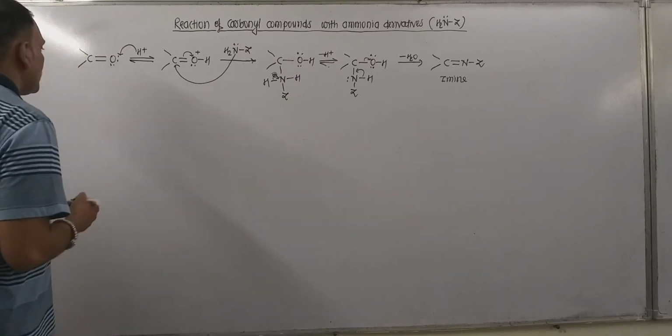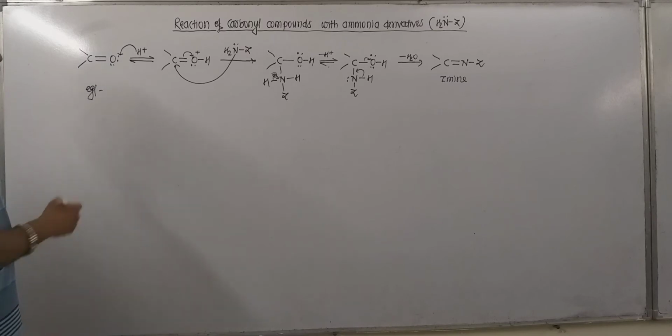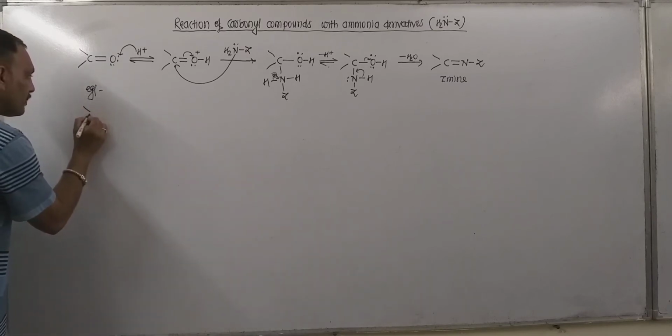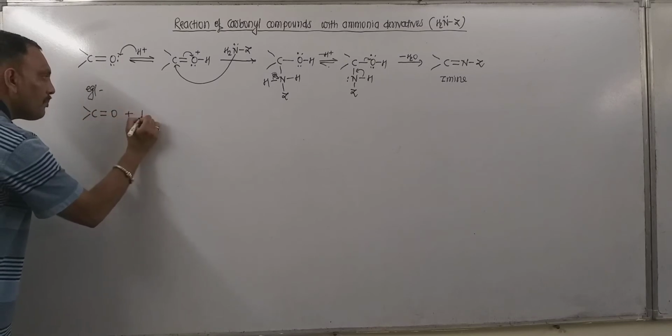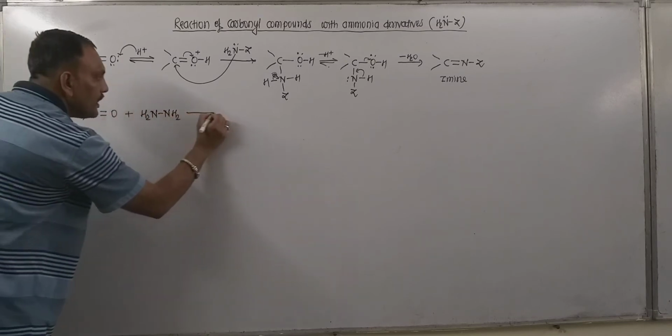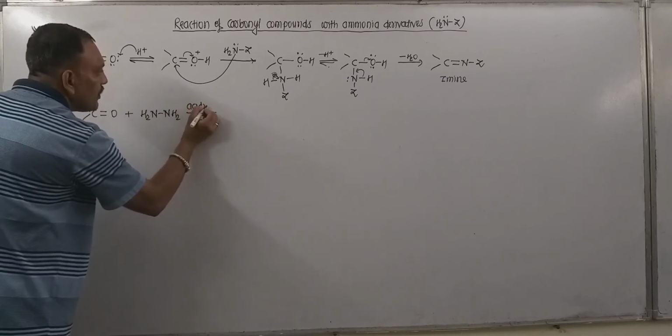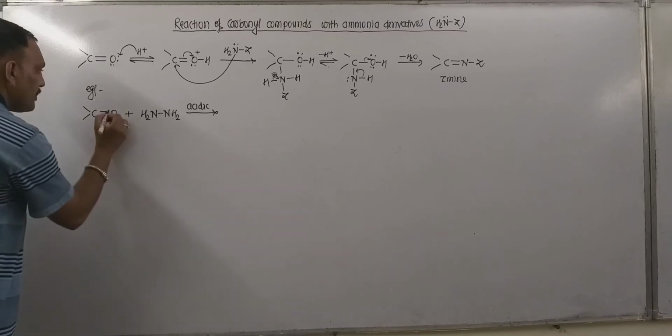Now let's see some examples of such type. First of all, reaction with hydrazine, when carbonyl compounds are treated with hydrazine in weakly acidic medium. Remember, all these reactions need to be carried out in acidic medium.